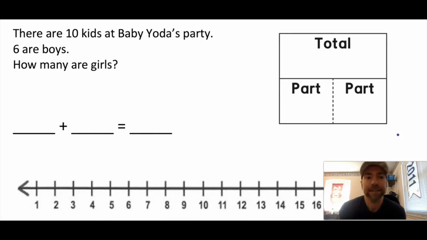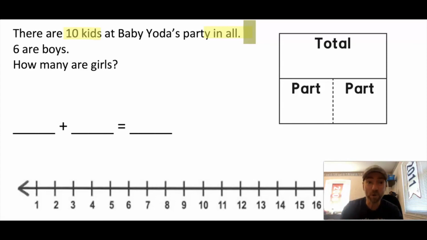All right, so let's see if you can solve this one. We have to decide where everything is going to go in our diagram. There are 10 kids at Baby Yoda's party in all. Wow, in all. Does that mean a part or does that mean the total?